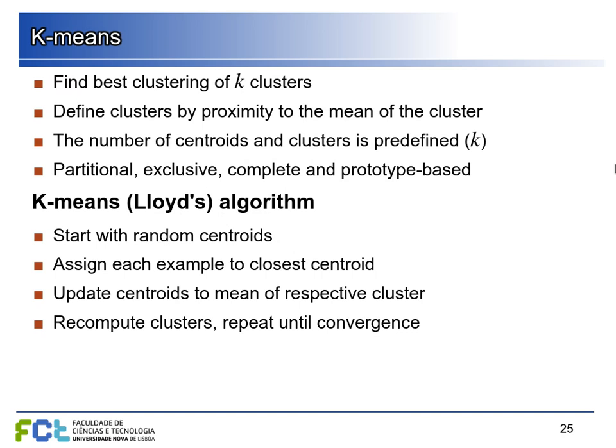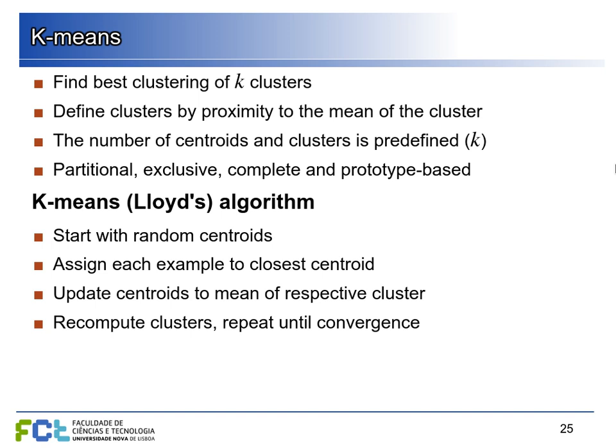So this is the k value there. We want k clusters. And then we define each cluster as the set of points that is closest to the representative vector for that cluster. So this is the mean of the cluster, usually. The number of centroids, and thus the number of clusters, is that k parameter.